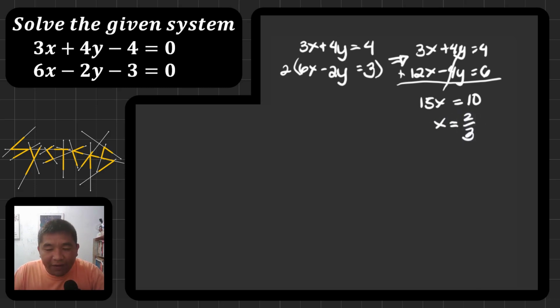Now you see that the value of x is a fraction. Don't worry about that because just like any other system, or even in the Cartesian plane, we also accept fractional answers. So we just need to substitute this into our given equations to come up with the value of y that would be paired with this, if there is, of course.